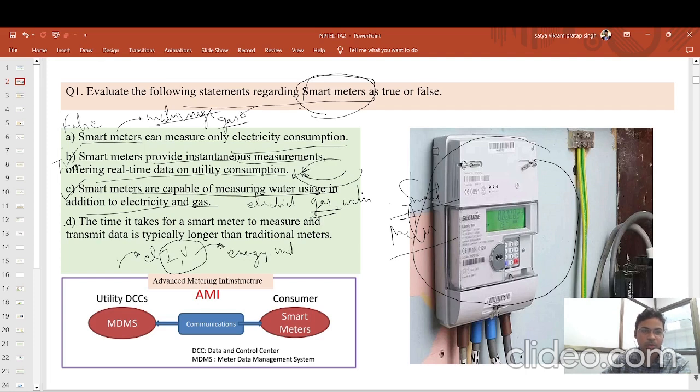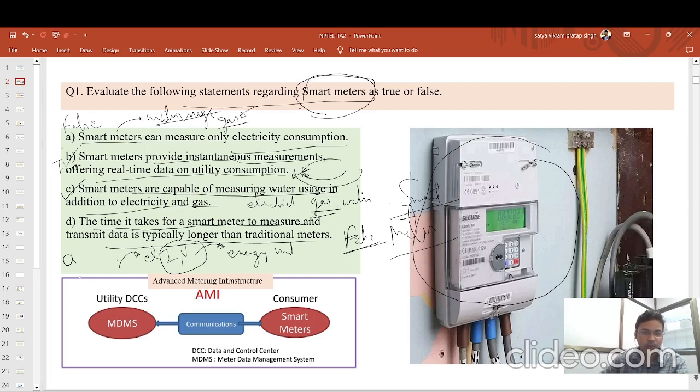Coming to option D, the time it takes for the smart meter to measure and transmit data is typically longer than traditional meters. Actually it is false, because it takes less time as compared to conventional traditional meters. So option A is false, B is correct, C is correct, and D is false.